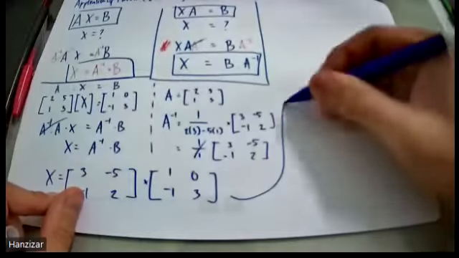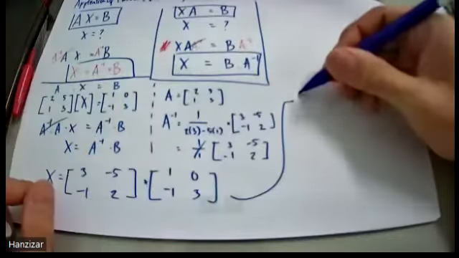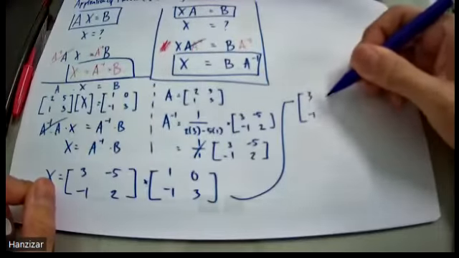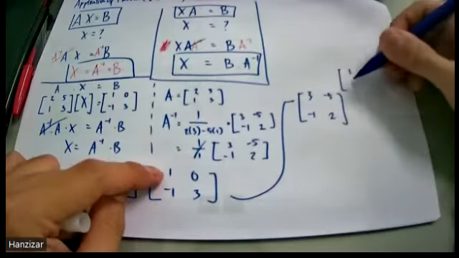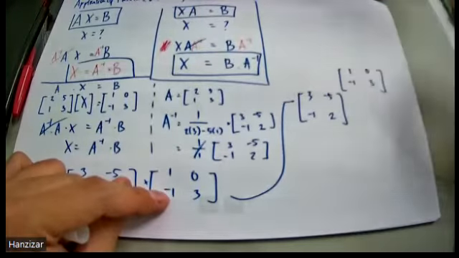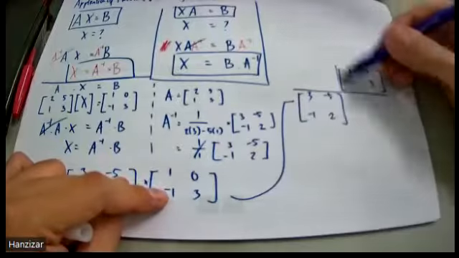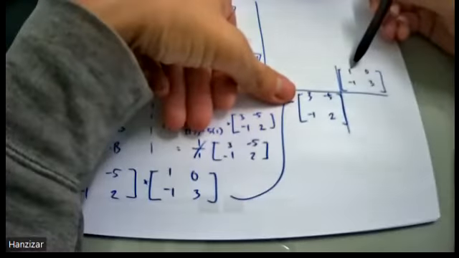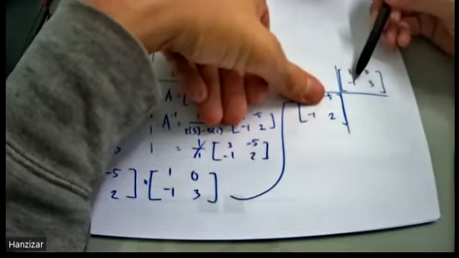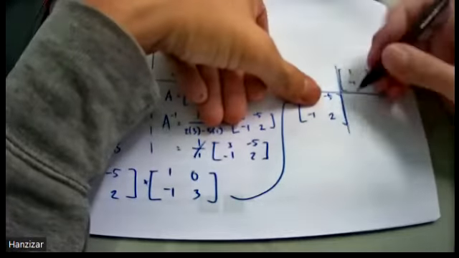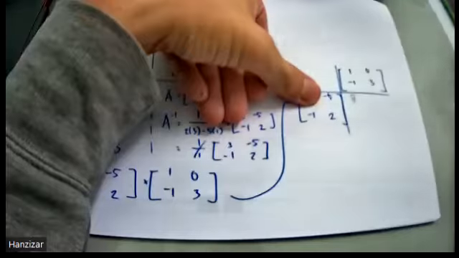How do you multiply? That's what we already learned previously. Put this a bit on top. Multiply by 1. Done. Put in the proper position. Look at my hand. 3 plus 5, because -1 times -5 is plus. 3 plus 5 is 8.